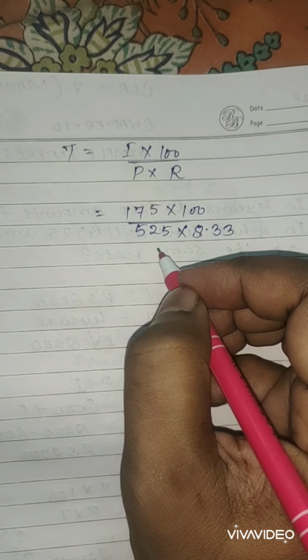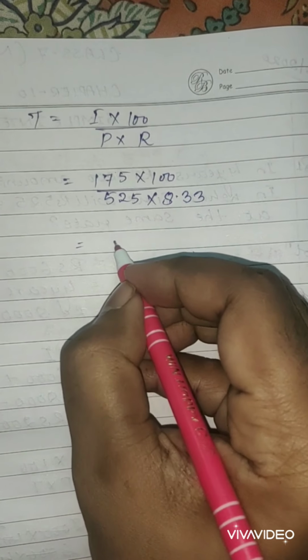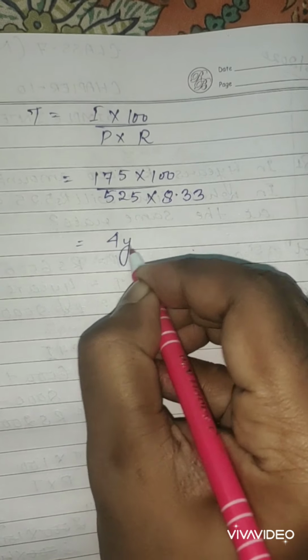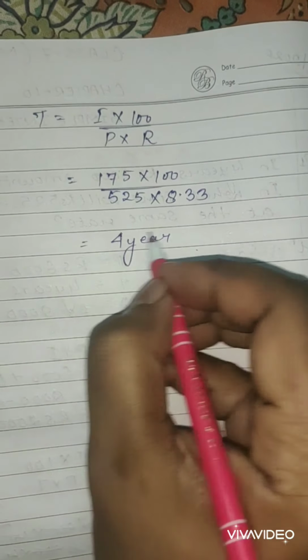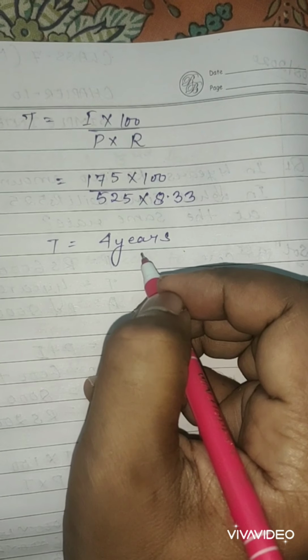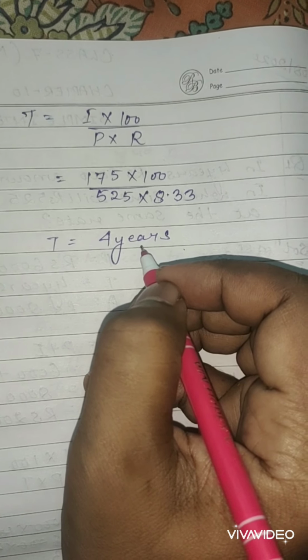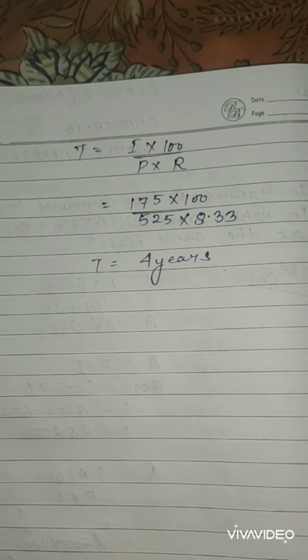When you solve it, you will get the answer as 4 years. So try to solve this without using any calculator. Okay, now see the next question.